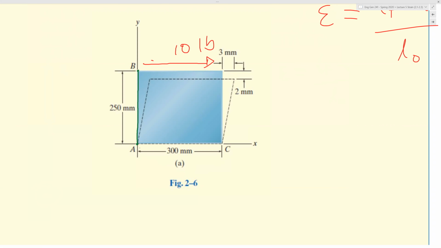Look at point A. Does point A remain the same location after? Yes, point A does. How about point B? No. Thank you. All right, so B goes to B prime, right?